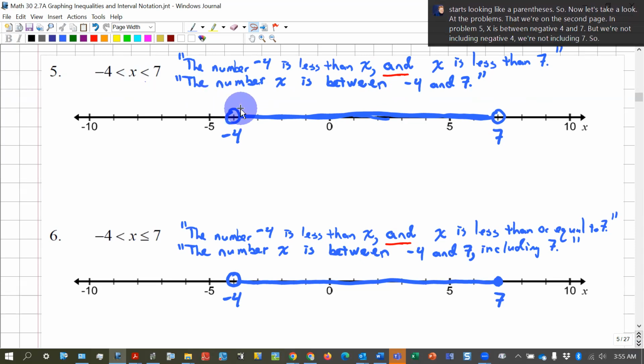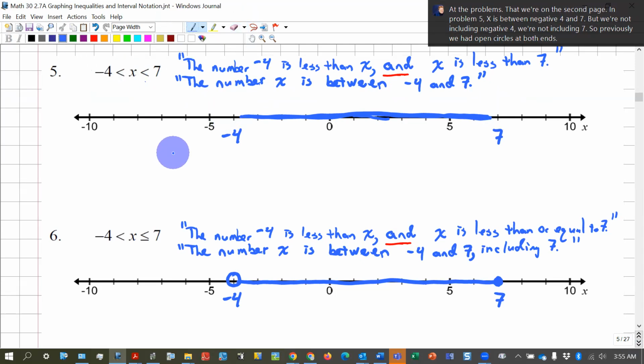So previously we had open circles at both ends. So this time we're going to have parentheses at both ends. And we'll have a left-hand parentheses at the left endpoint, and we'll have a right-hand parentheses at the right endpoint.